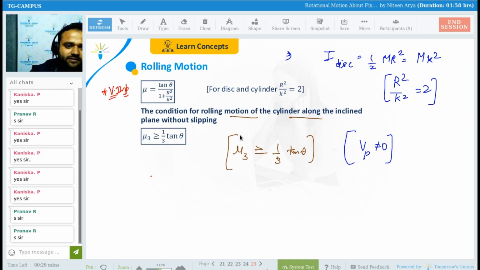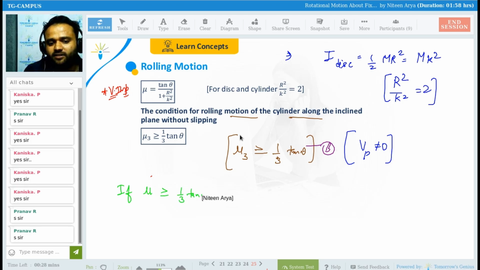Okay, this equation, equation B you can write. So from equation B, what we can understand, equation B gives us, not this. If mu is not equal and greater than 1 by 3 tan theta, then what happens?